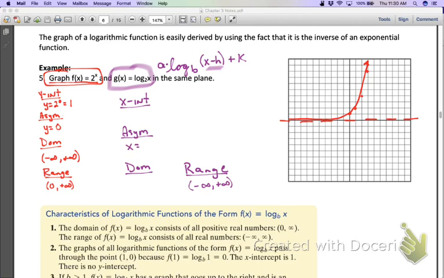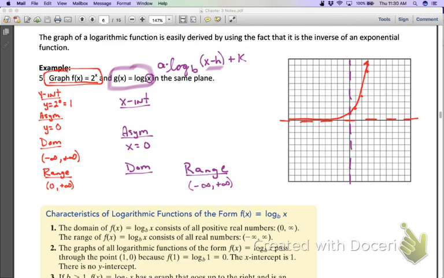Whenever it's x minus h inside, we set whatever we have equal to 0 for my asymptote. So in this case, I don't have an x minus h, so it's just going to be an asymptote at 0. So that just means that I'm going to have a vertical line here, and it's going to look something like that.